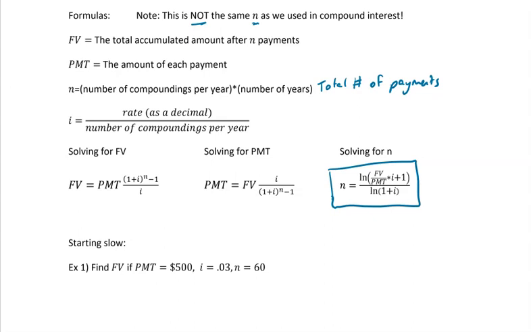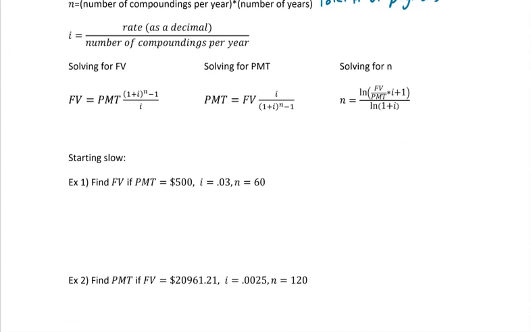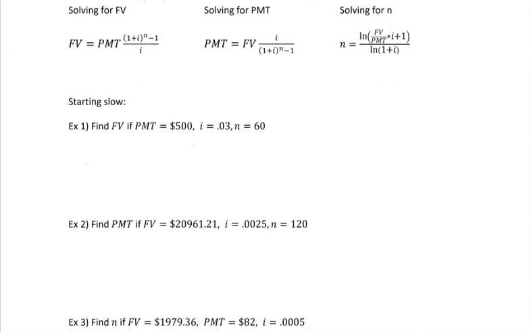So anytime you're looking for the number of payments, this is the one you want to use. Luckily, since you have three different formulas depending on what you're solving for, you're never going to have to solve for anything. You're just plugging stuff in. That said, these are kind of nasty, so let's practice plugging stuff in first.